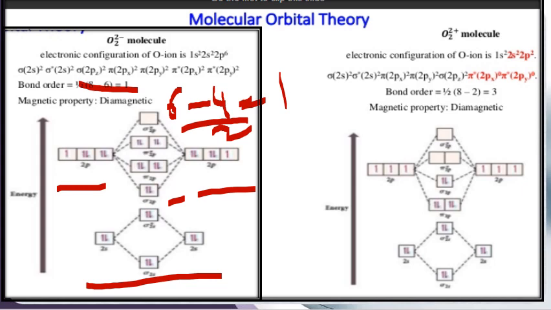As I told you earlier, O2 plus 2 means one electron from each oxygen atom is removed. So out of 8, they now have 7 electrons in each. Right? So we will do the same thing. We will draw the same energy diagram as for O2 minus 2, for O2 plus 2.